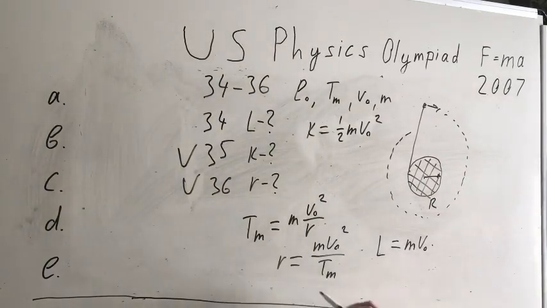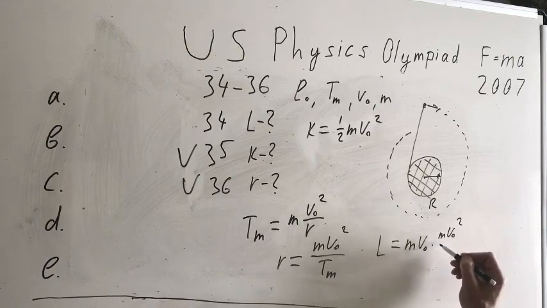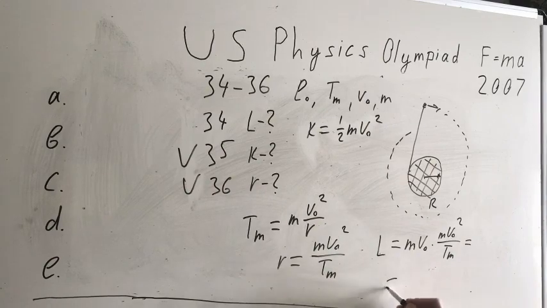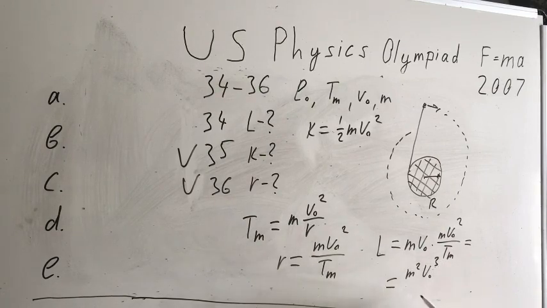So we need to put r here. It's m v0 square over T maximum, and the total answer is m square v0 cube over T maximum. So that's the answer for 34.